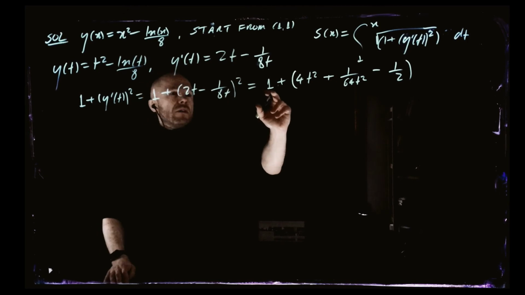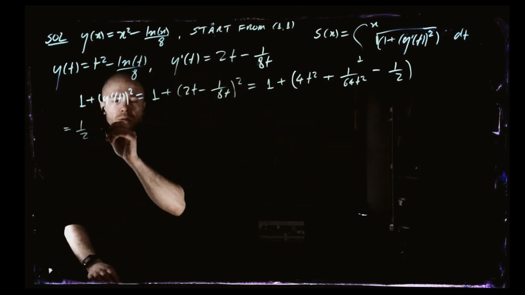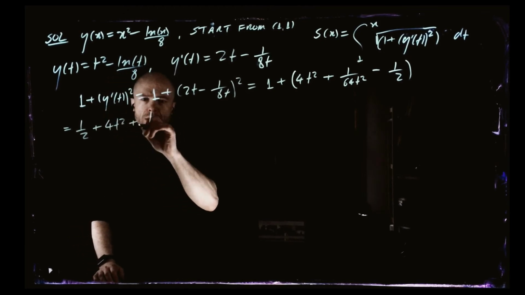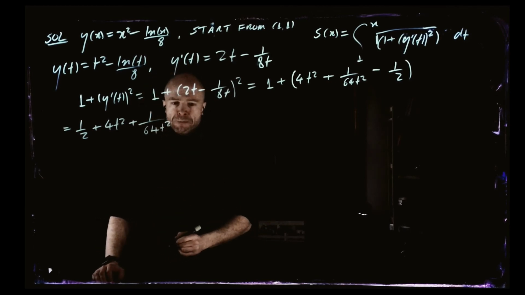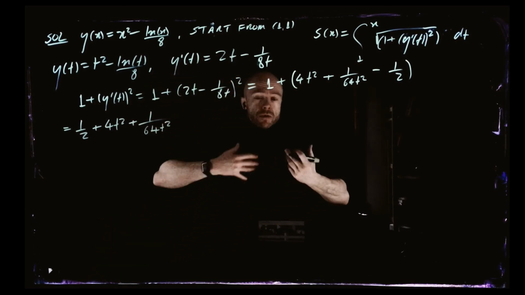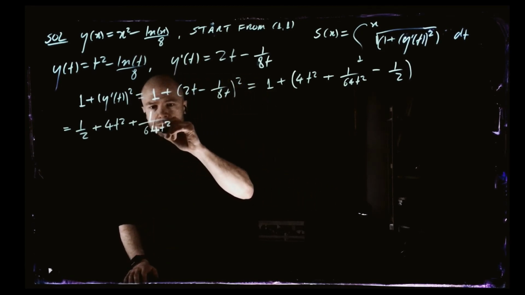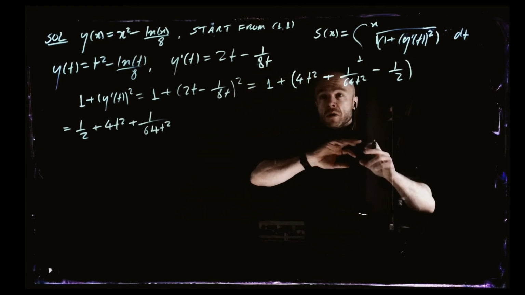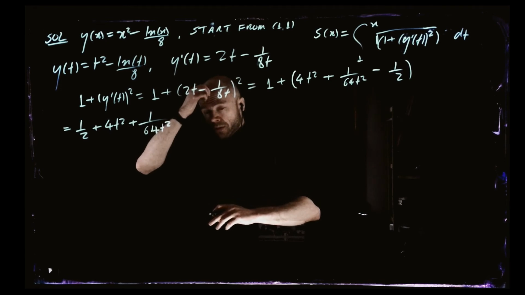All right, let's look at this. So we have 1 minus a half, so it's going to have 1 over 2 plus 4t squared plus 1 over 64t squared, like this. Yeah? And these integrals have to have a way to actually calculate them, right? And square roots are a pain, right? So what we're going to try and do is take the square root of this expression, yeah?